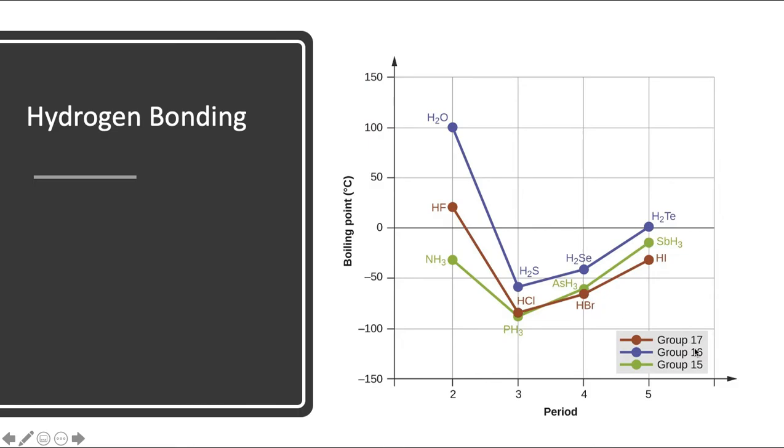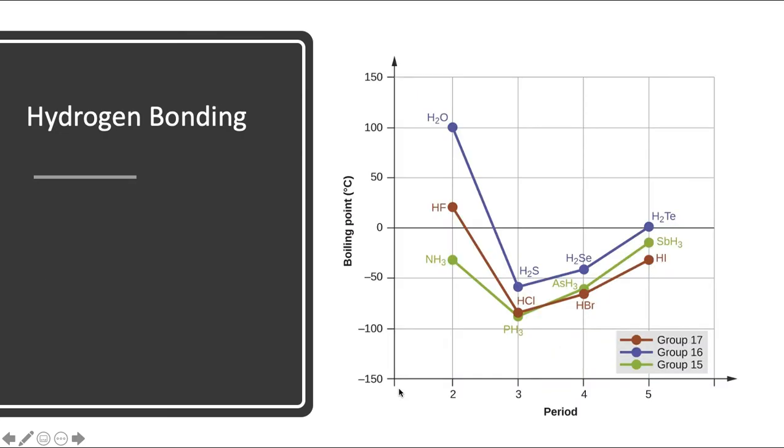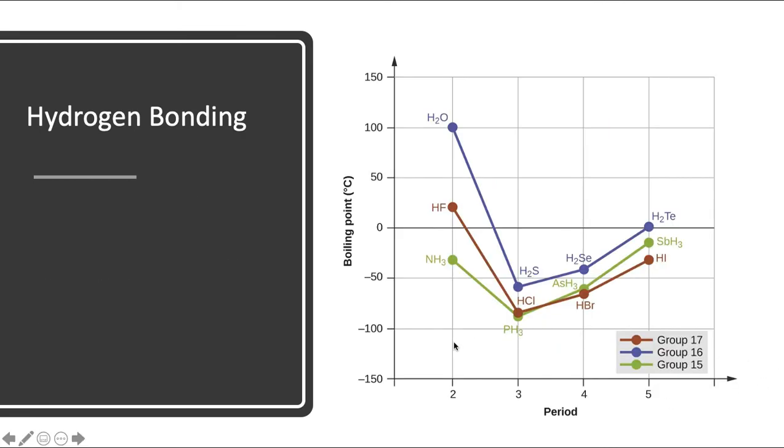Well, before we look at an example, let's look at something interesting: how they figured out the part for hydrogen bonding. Scientists were doing a study on boiling points, and remember we talked about the fact that as you go down the periodic table, the intermolecular forces should increase because the size of the molecule increases.